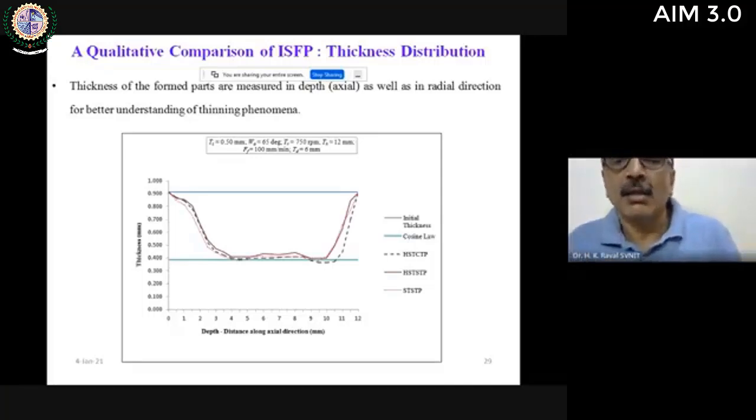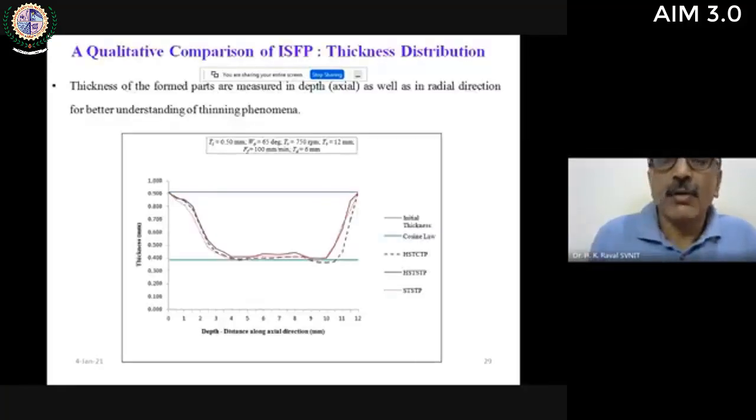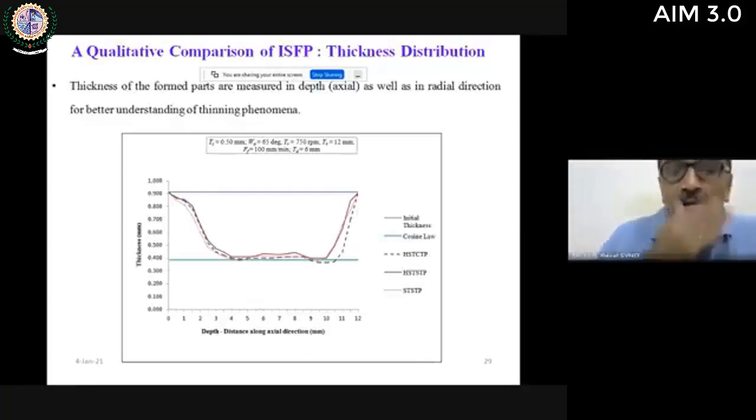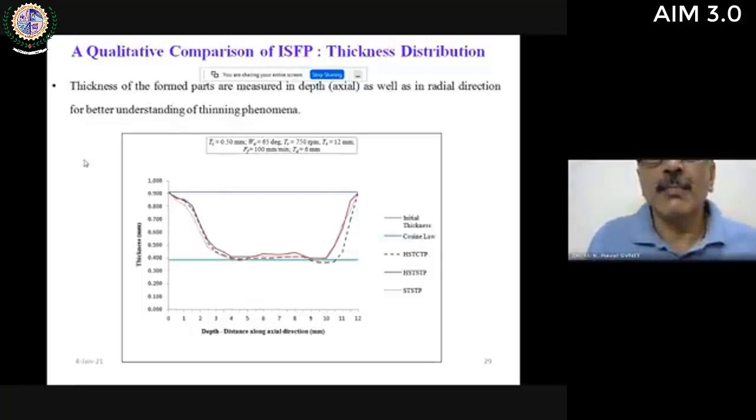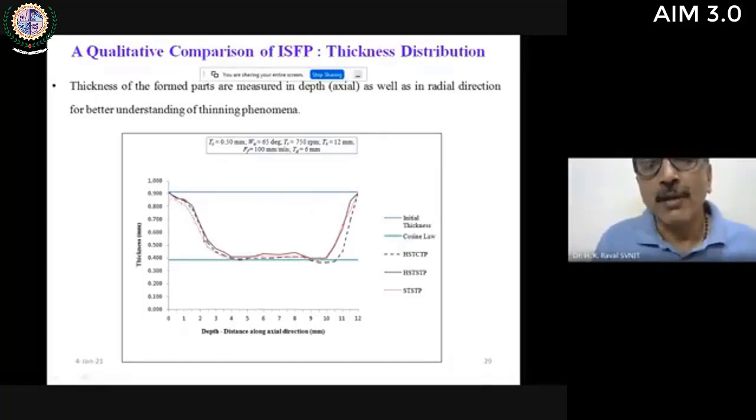This is the study of thinning. Thinning is done by measuring the thickness at various locations, compared with the thickness of the original sheet, which is almost 0.9 mm. After deformation, the thickness variation takes this shape. It is not the shape of the cup, it is a thickness variation right from one corner to another corner, on the wall as well as on the bottom.